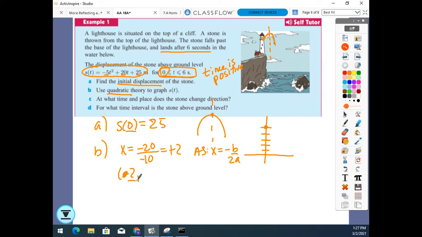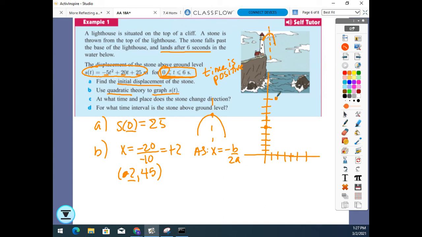Then I'm just going to plug 2 back into my equation, and I get 45. So what that means is, because it wants us to graph on this interval, I have 0, 25, and 2, 45.